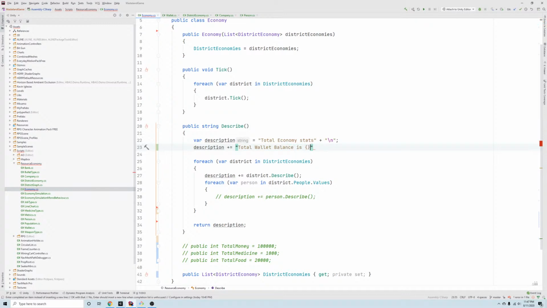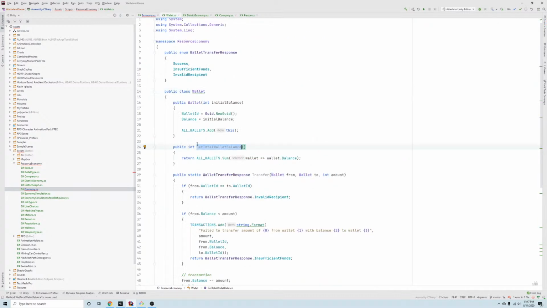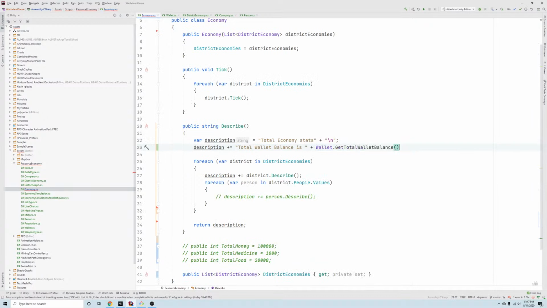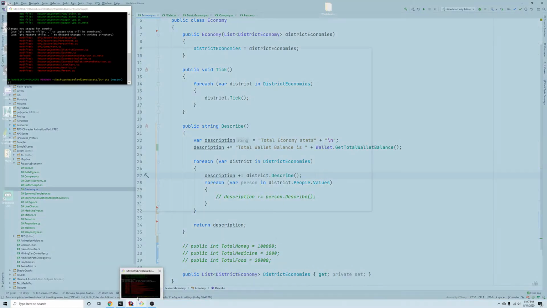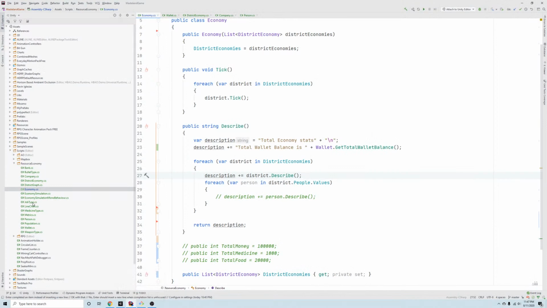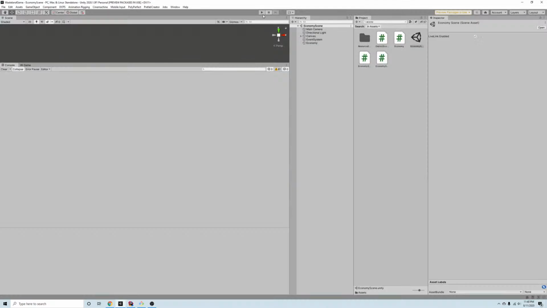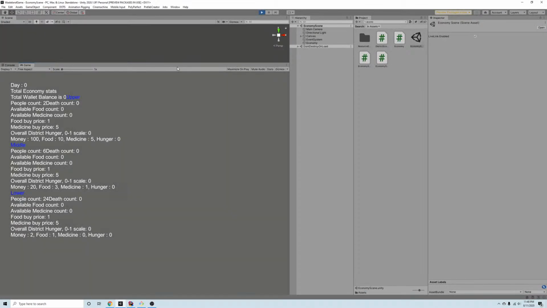And this should never change. So 0 looks correct.